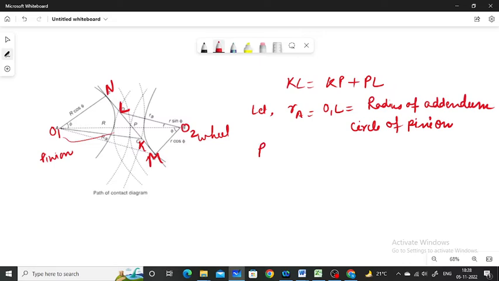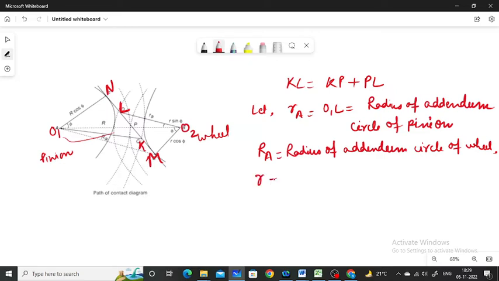Capital RA is the radius of the addendum circle of the wheel.